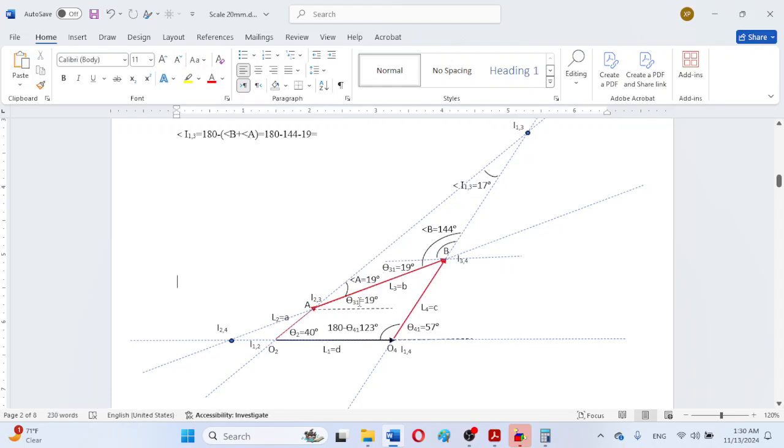So this angle at theta 31 and this angle here, these are alternate angles.